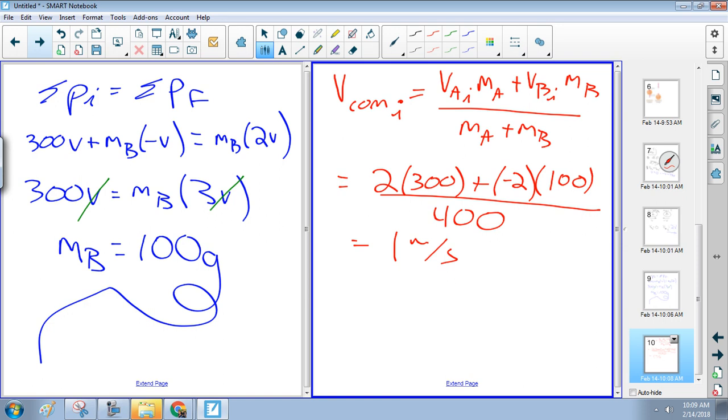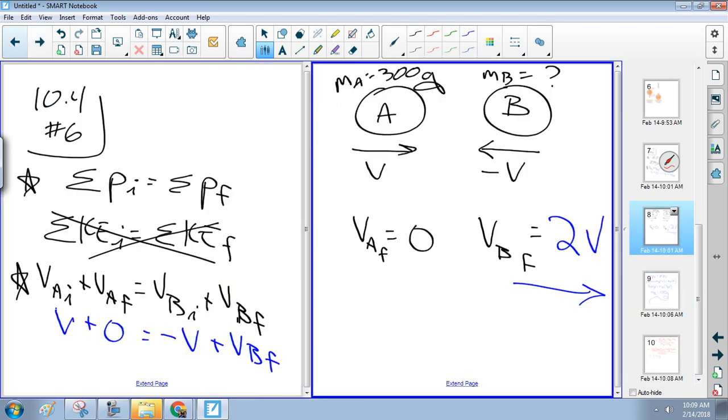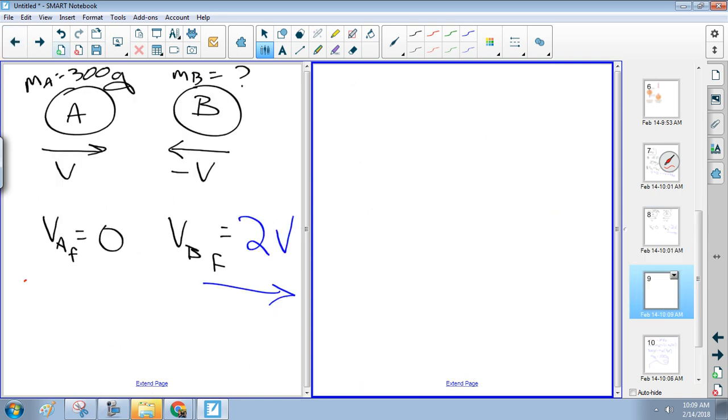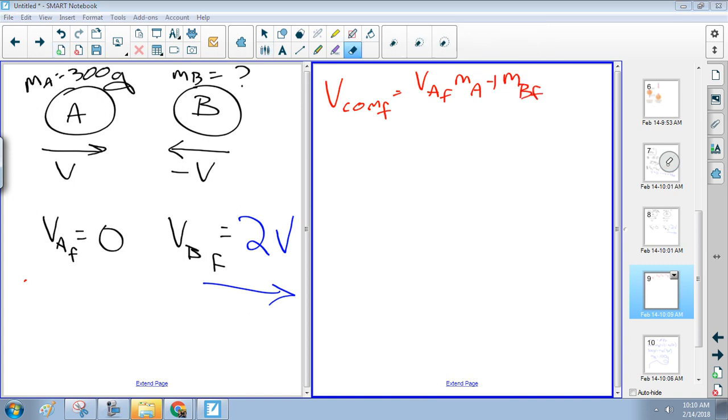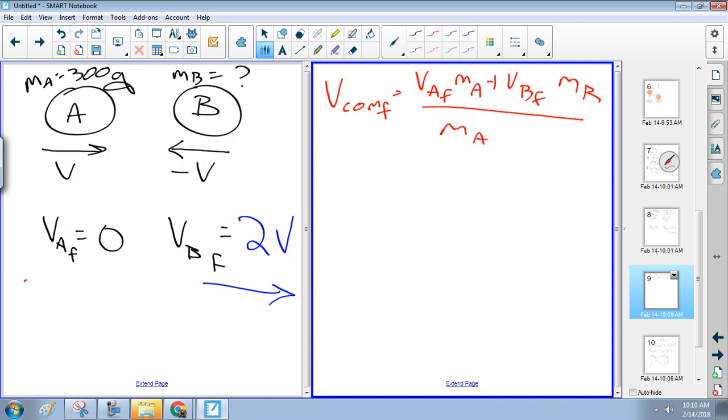Let's check it and see if it works. So let's find the velocity of the center of mass final. That's the velocity of A final times the mass of A plus the velocity of B final times the mass of B, all over the total mass, right?